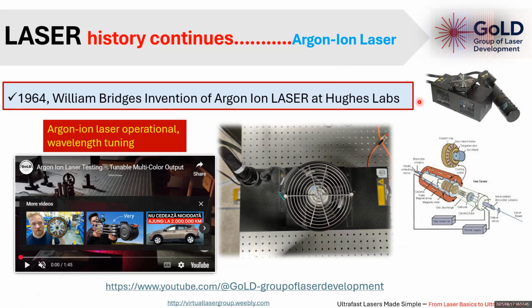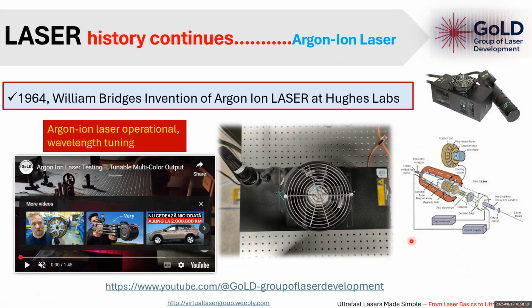It's a complex construction for the argon ion laser. I'm not going to explain it here because it's not included in this course. But the argon ion laser is a CW laser, meaning a continuous laser, and it's a tunable laser.